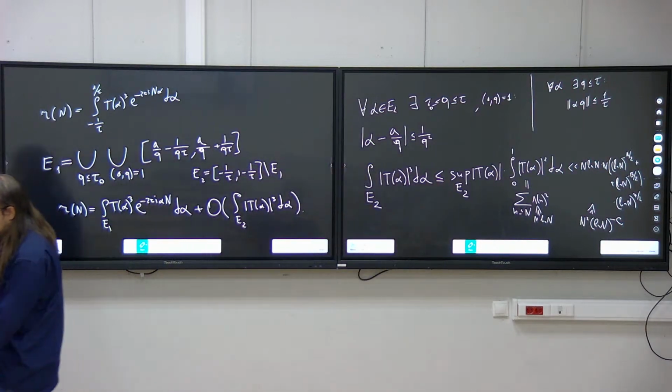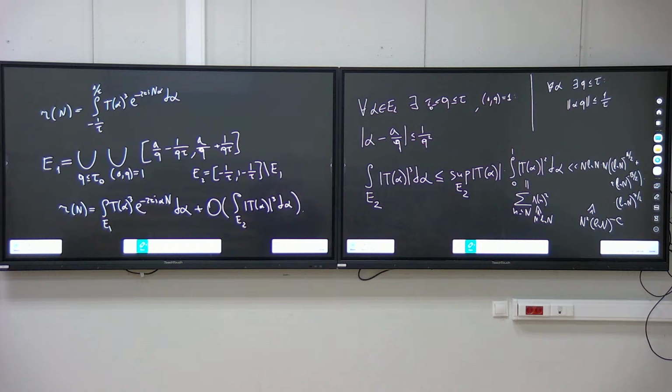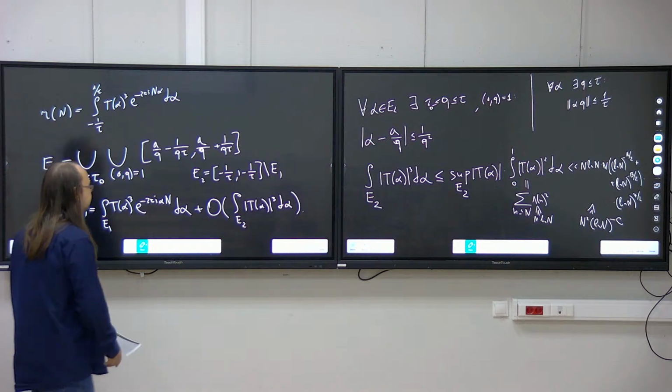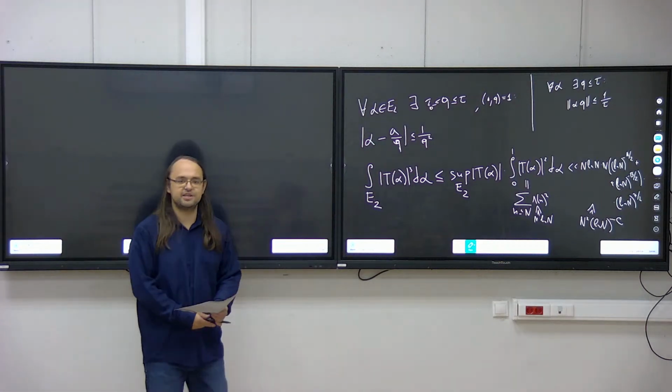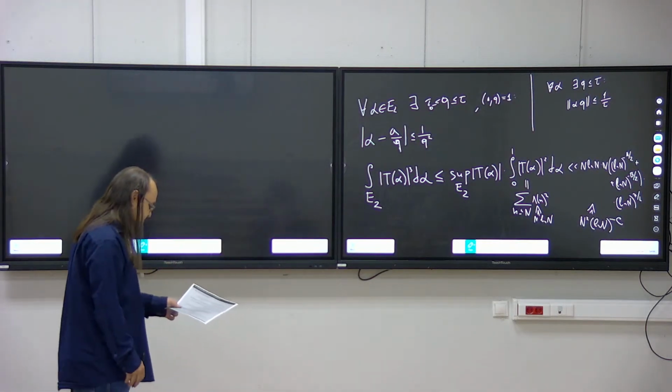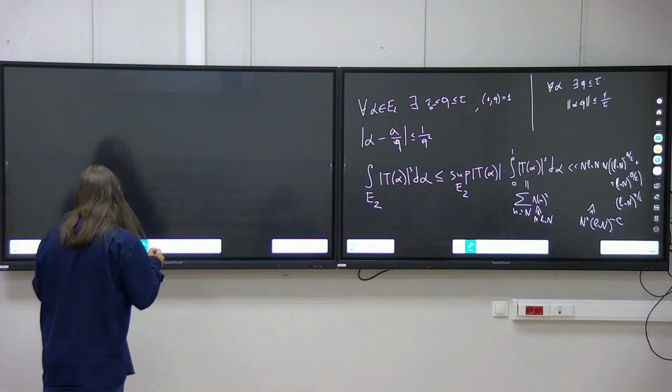Okay, so now we need to evaluate the contribution from the major arcs. I think I have almost a negative amount of time left, so let me do it very fast.